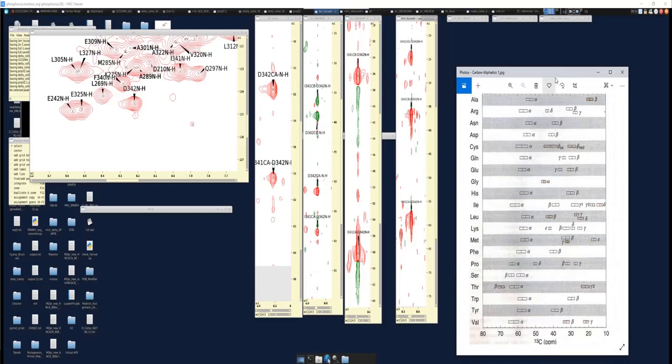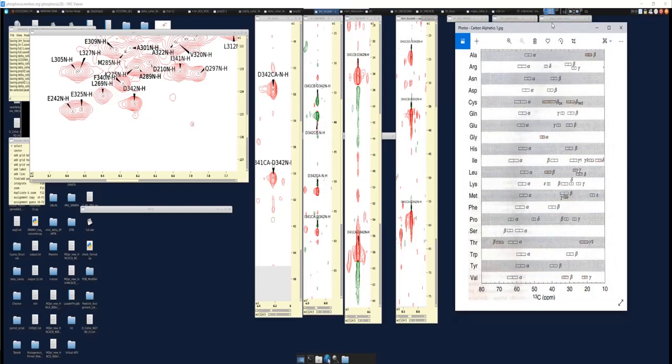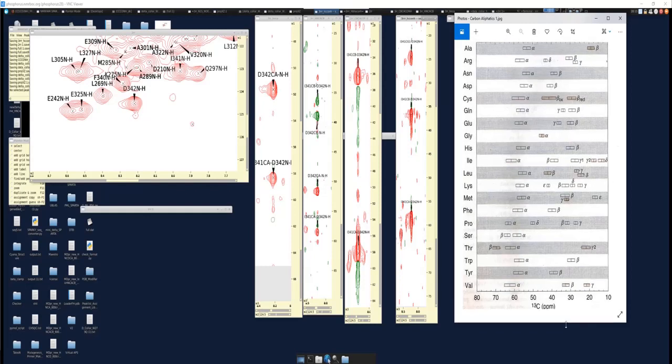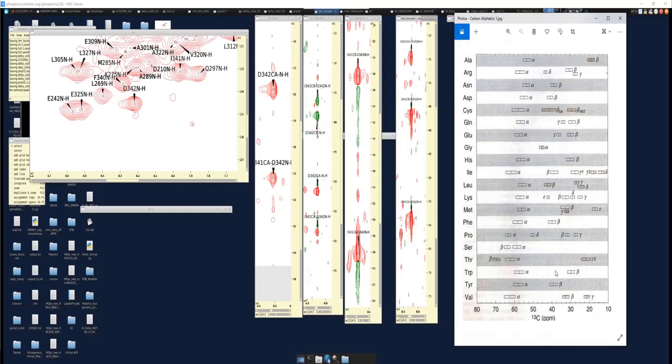I hope that's visible. You can see here that there's a number of potential matches we could have with a C alpha at 58 and 36, right? You could have leucines maybe, tyrosines, aspartic acids, asparagines.